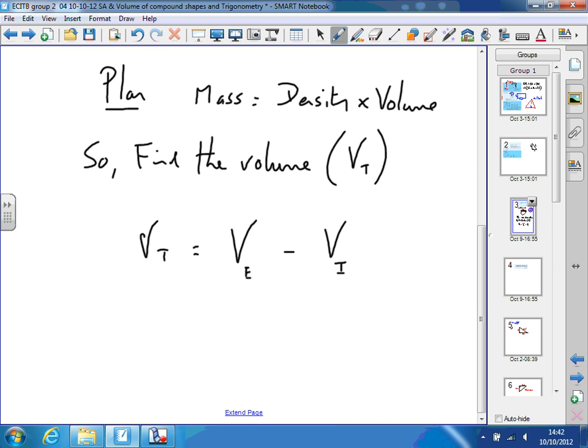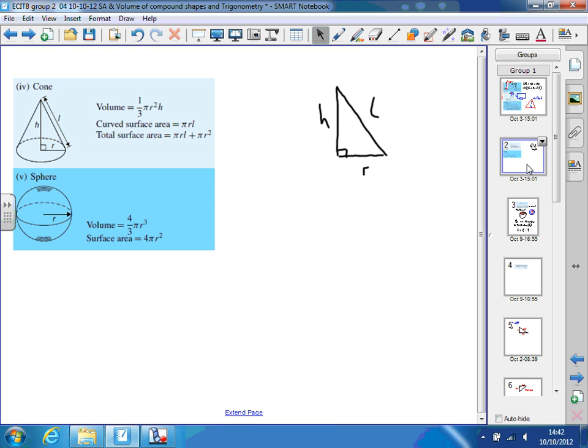So let's look at our formulae that we've got. You might remember it, but because we've just been looking at it, the volume of a sphere is 4/3 pi r cubed. So what's the volume of a hemisphere? Which would be 2/3 pi r cubed.